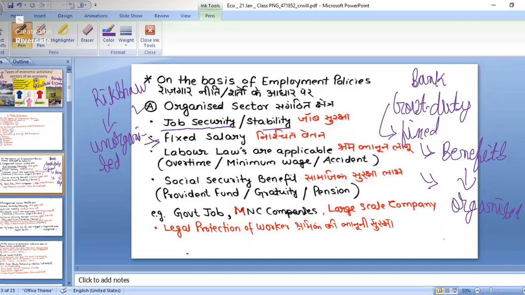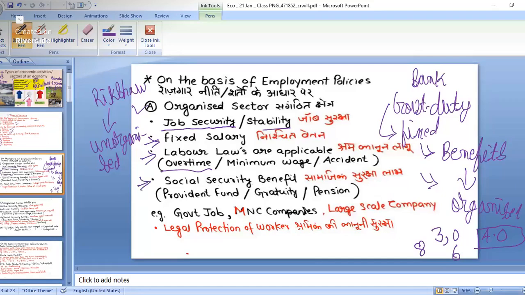If you have gone to a government bank, you would have seen that by 3 o'clock they close the gate, because by 4 o'clock they want to calculate everything and leave the bank. So there is a fixed 8 hour or 6 hour duty time, a time limit. There are no cases of overtime, or even if there is overtime, they are paid extra. So labor laws are applicable here.